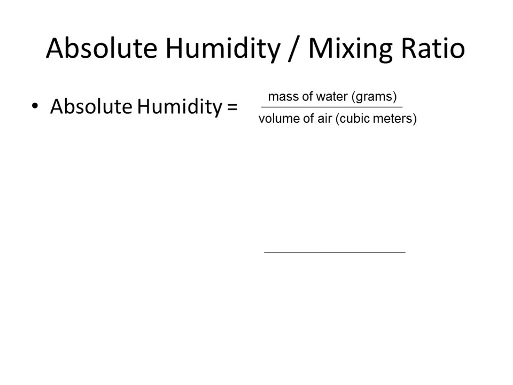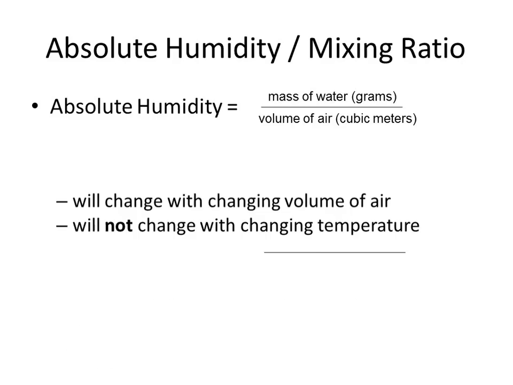That's a ratio. Both of these ways basically take a parcel of air, and you're going to see it on the next slide, a circle of air. And in that circle of air, you somehow get to the mass of the water in grams, and you get to the volume of that parcel of air, and you divide it out. That's called absolute humidity.